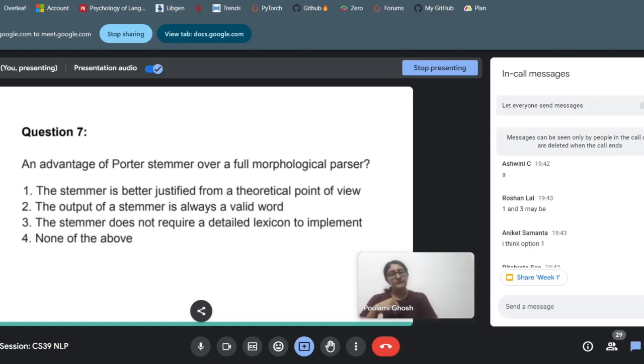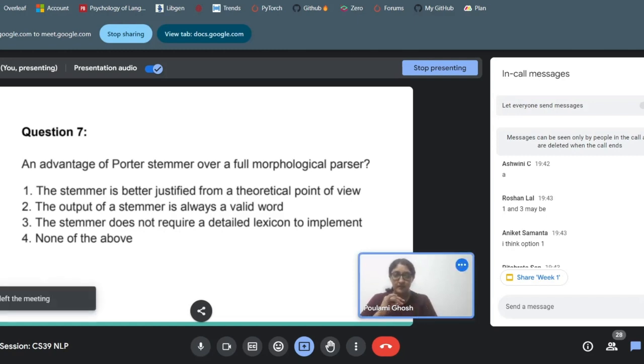The output will be poni, ES will be removed. So suffixes will be removed. And the example walking, there will be two words which we will get, walk as well as ing. So I thought the first one would be the answer. Okay, great.